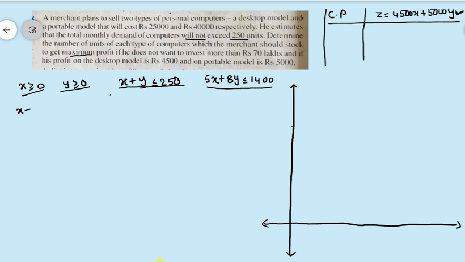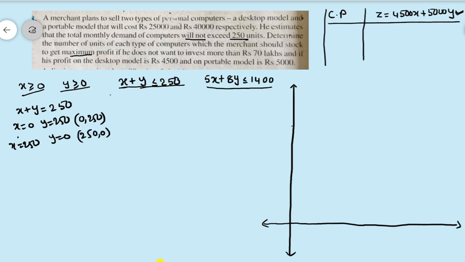Now, x plus y is equal to 250 line we are drawing. When x is equal to 0, you will get y is equal to 250. That's why 0 comma 250 is one point. Next, when y is equal to 0, you will get x is equal to 250. That's why 250 comma 0 is another point.